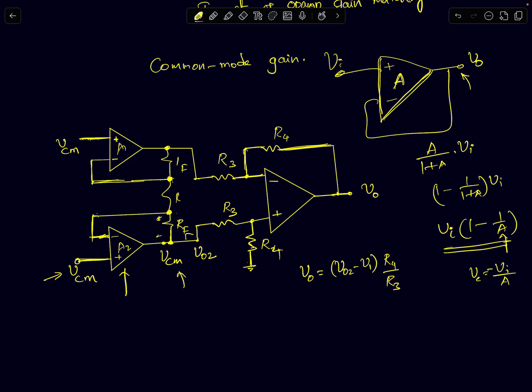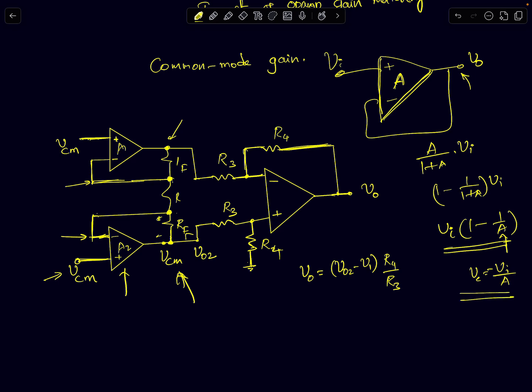Previously in my analysis, I was assuming these two nodes, the inverting terminals, were exactly equal to VCM. Now I'm using the fact that as far as common mode signals are concerned, the first stage is going to act like two buffers. So I can use this analysis.